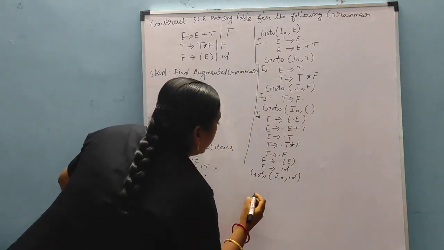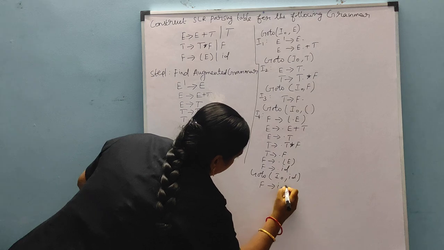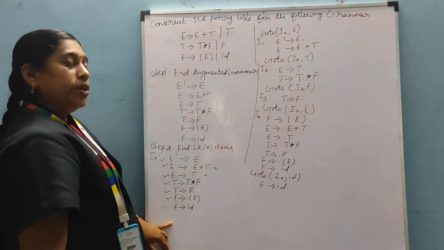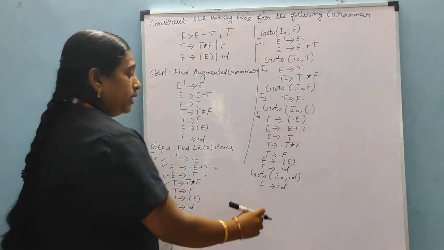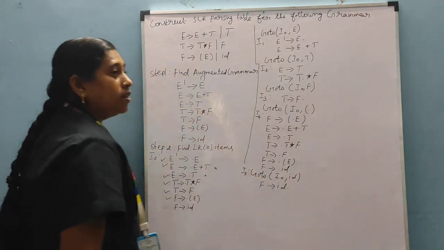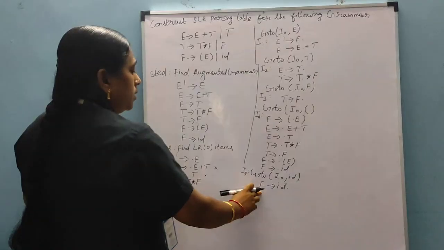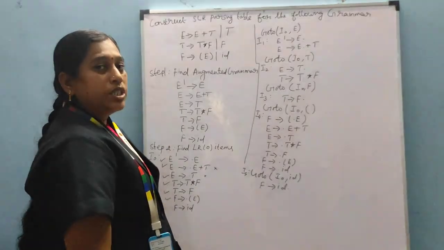So now move I naught comma ID. What is the production? ID dot, reached the end of ID. So is this a new state or an existing state? This is a new state. So I can write it as the I5 state.